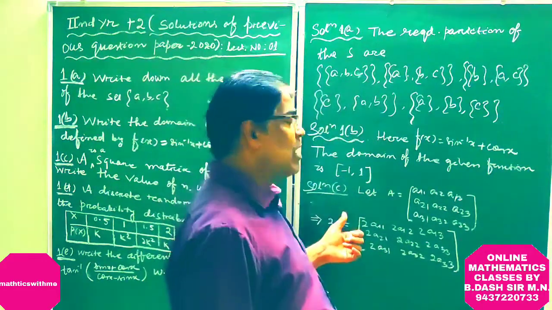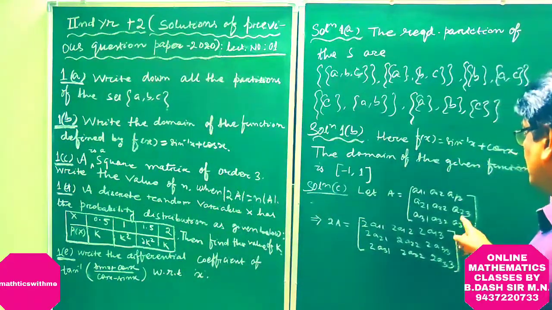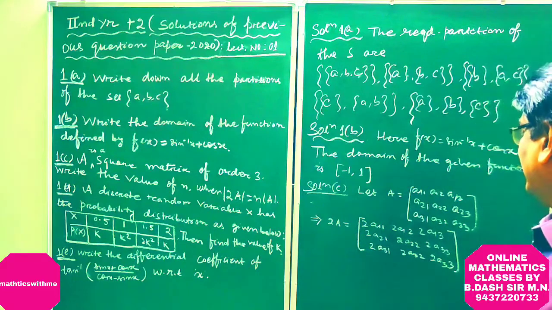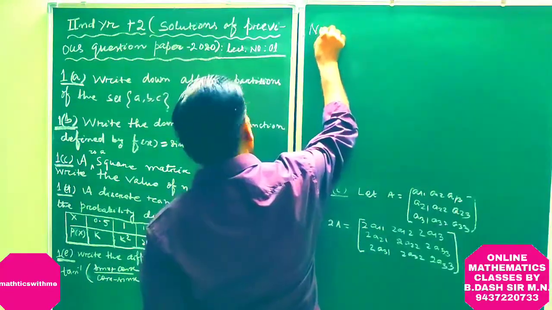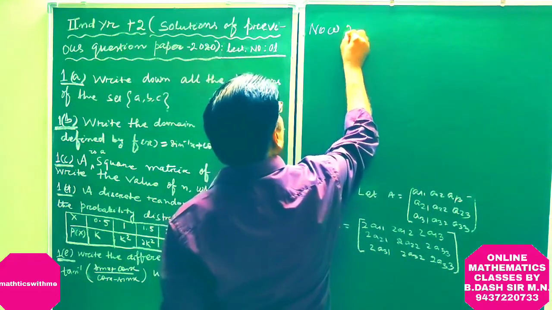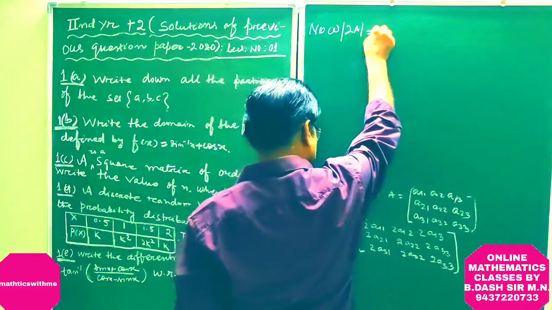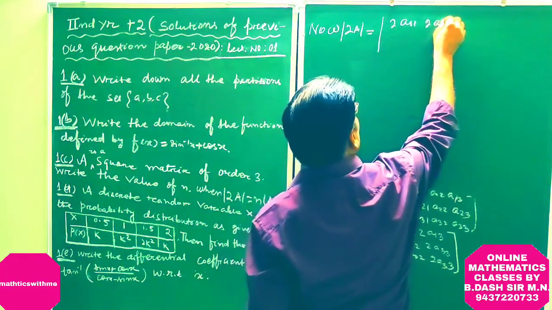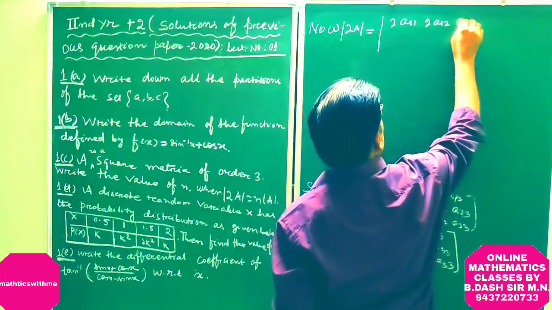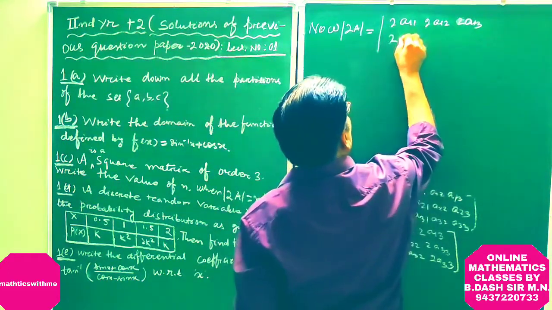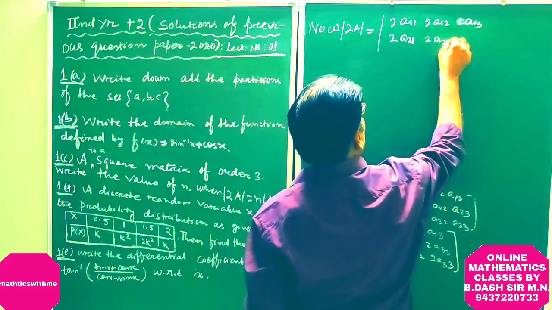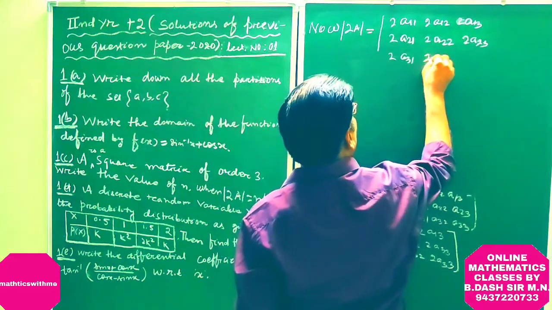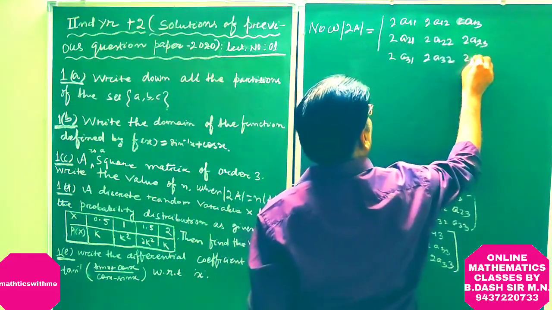Now A is a11, a12, a13, a21, a22, a23, a31, a32, a33. For 2A, you have to multiply 2 in each and every row. Now determinant of 2A is equal to the determinant with entries 2a11, 2a12, 2a13, 2a21, 2a22, 2a23, 2a31, 2a32, 2a33.